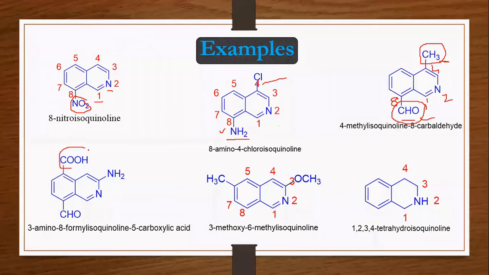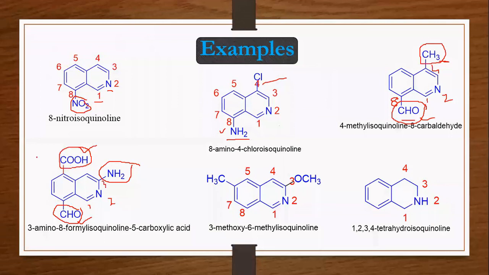Okay. Now, in this example, 3 different kinds of substituents are present. One is amino, another one is COOH, and another one more is CHO. Now here, between COOH and CHO, which is having higher priority, I have supplied one note regarding the priorities of functional groups during the IUPAC nomenclature. Please go through that. Okay. Here, the COOH group receives higher priority. Thus, we'll number it.